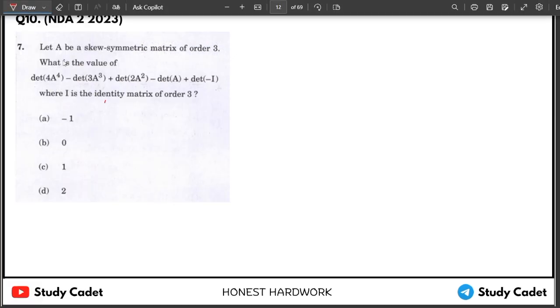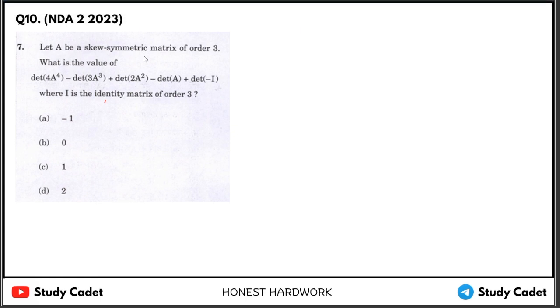Easy. Now the 10th question: A, B skew symmetric, value of this matrix. Skew symmetric matrix. Do you know that the determinant of a skew symmetric matrix of odd order is 0? So whatever you do will become 0.